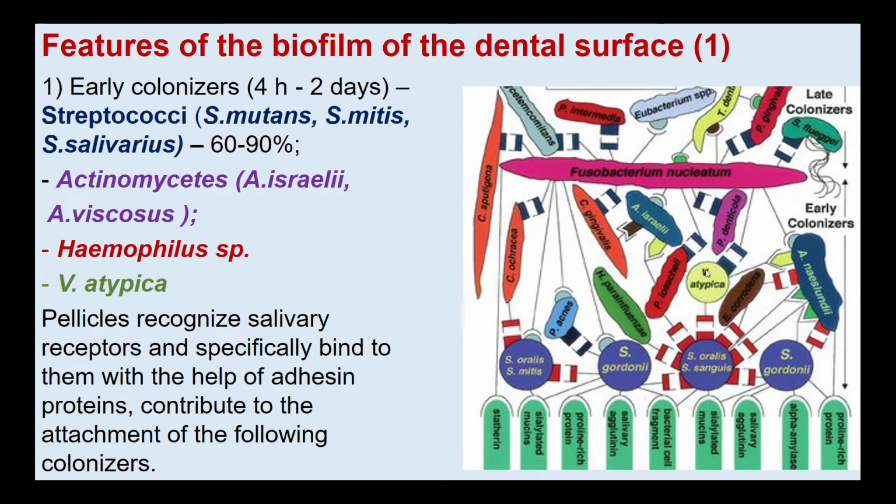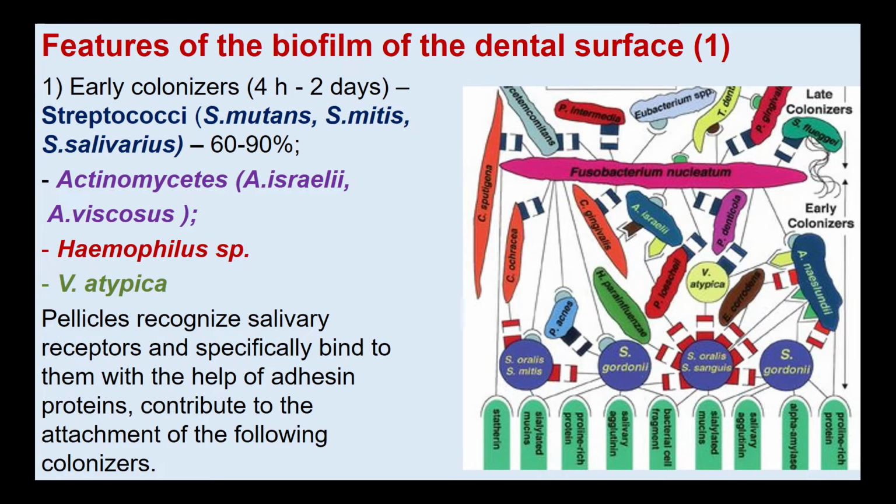For example, this shows how Veillonella can be aggregated with actinomycetes. That's why, on the pellicle, they recognize salivary receptors and specifically bind them, and adhesion proteins contribute to the attachment of the following colonizers.